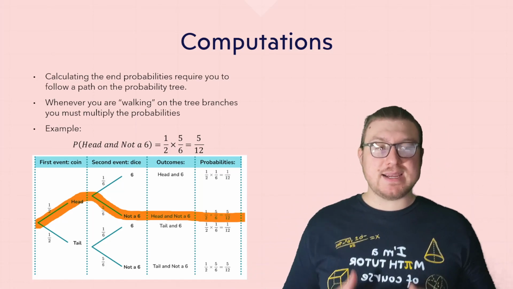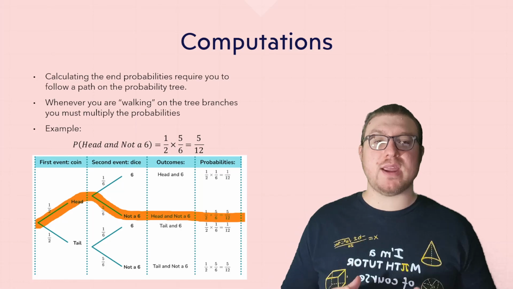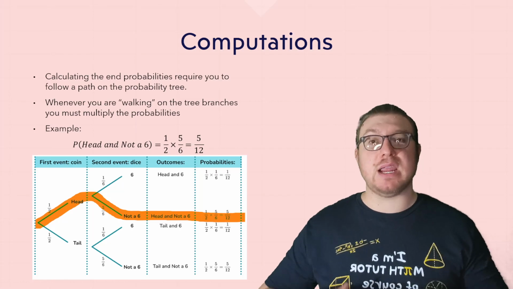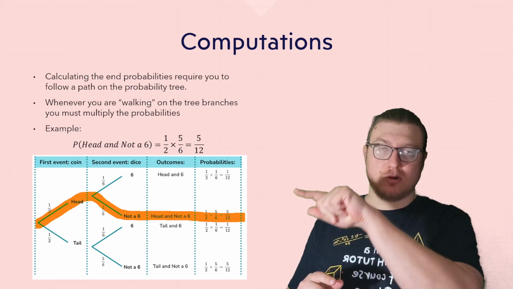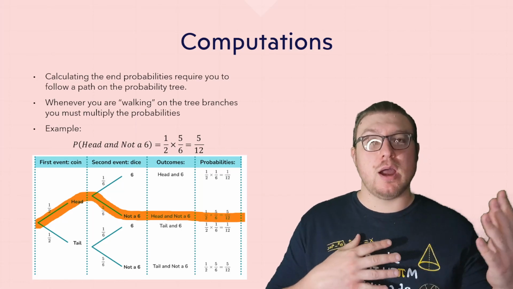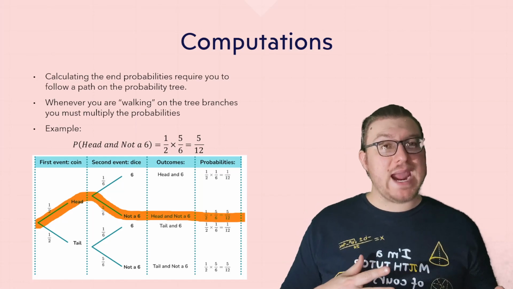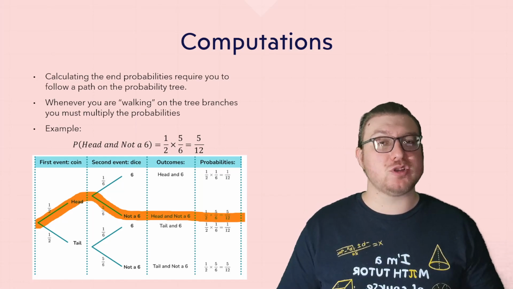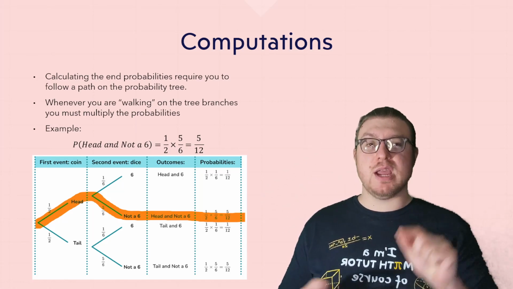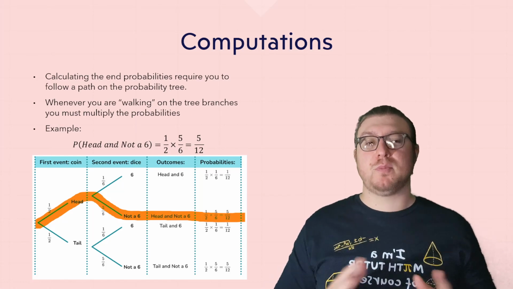So calculating the end probabilities requires you to follow a path on the probability tree. And I always say, if you're walking on the tree, you need to multiply the probabilities. Some probabilities are going to be added or subtracted. Some are going to be multiplied. So it's important that you remember, as soon as you're on the tree, going along a path, multiply the probabilities.